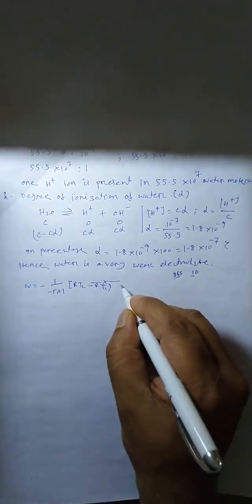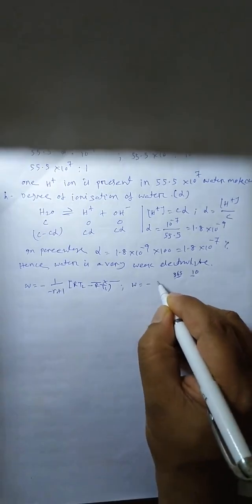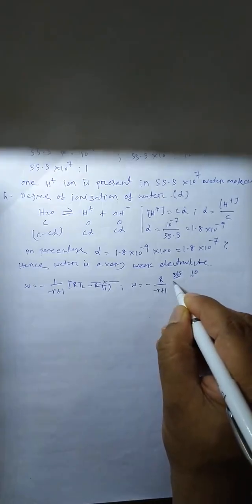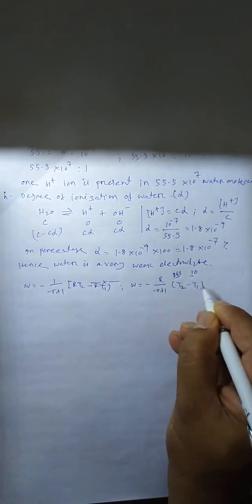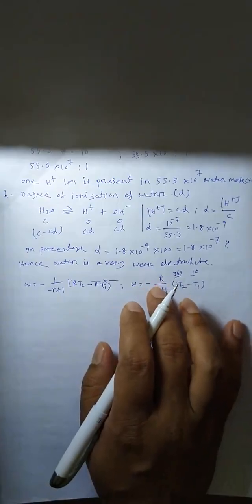If you take R as a constant and outside, W is equal to minus R by minus gamma plus 1 times T2 minus T1, that we already discussed. I would also derive this work done.